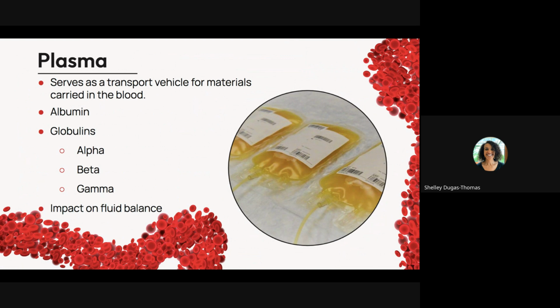Plasma proteins include albumin and globulin. Albumin is made by the liver and maintains vascular fluid balance by creating osmotic pressure, and it can transport substances such as medications, bilirubin, and hormones. Low albumin, as seen in liver dysfunction, can reduce osmotic pressure and cause edema.